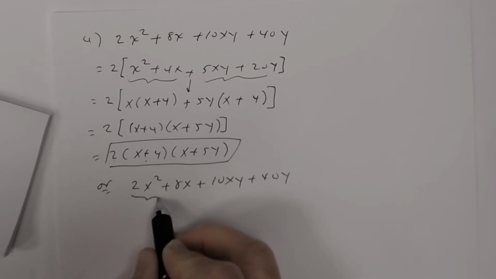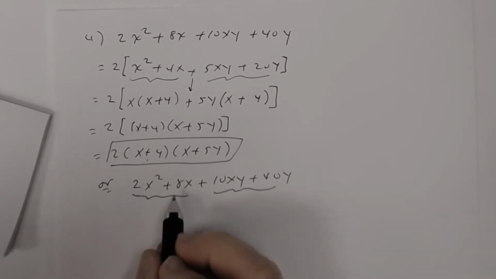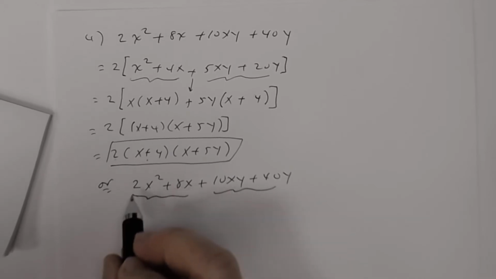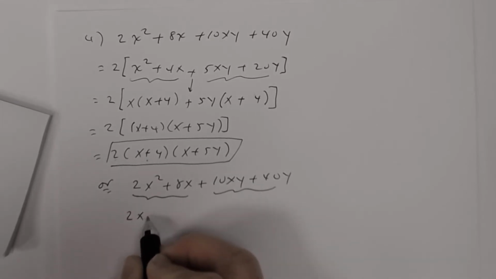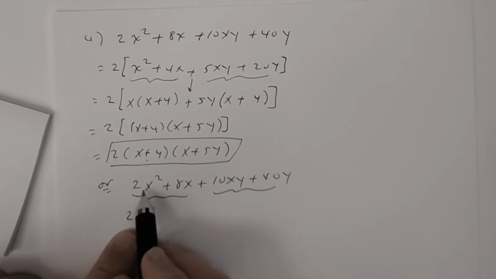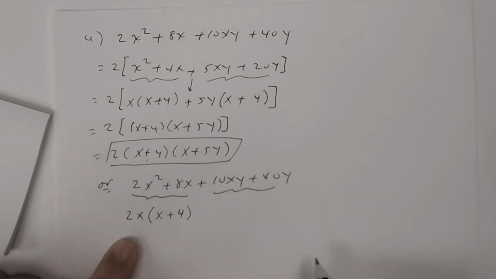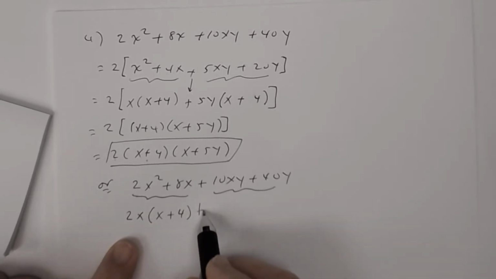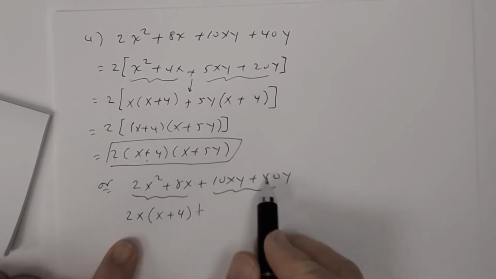So we're going to group the first two and group the last two. For the first group, what's the GCF of the first two terms? Well, the GCF is 2x. So when I factor out the 2x, 2x times what's 2x squared? Well, x. And then 2x times what's 8x? That's 4. Then plus, if you look at the second group, what's the GCF?